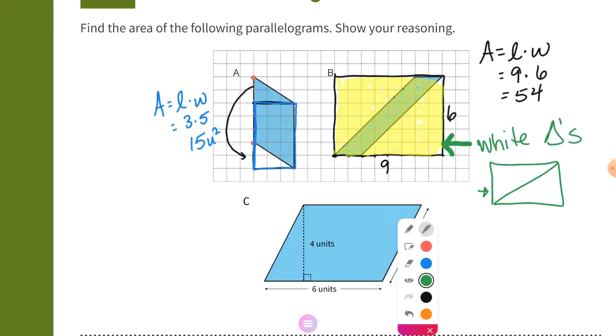Max, what do you think? What would the length be? So this distance down here. Okay, look right here. If I took this blue part out, so let's just pretend we're sliding it out, and I push those yellow pieces together, what would that do to this distance down here at the bottom? It will change it, but what will it change it to? 5? Not 5. Why 7, Ethan?